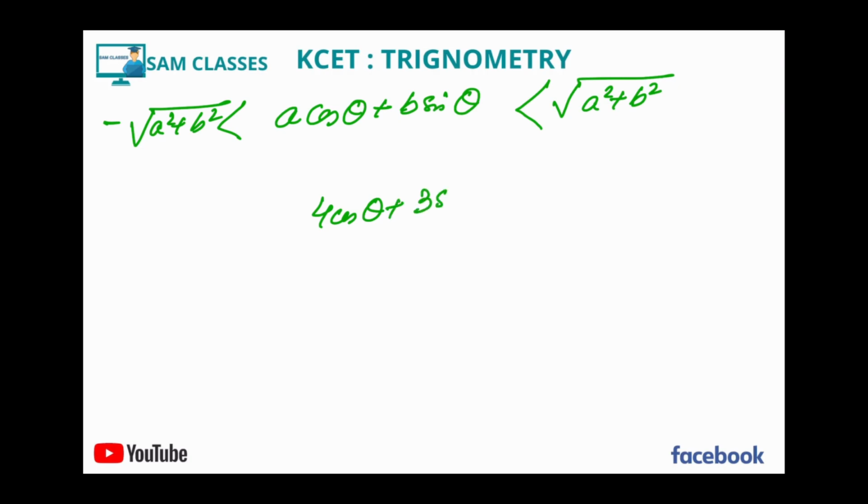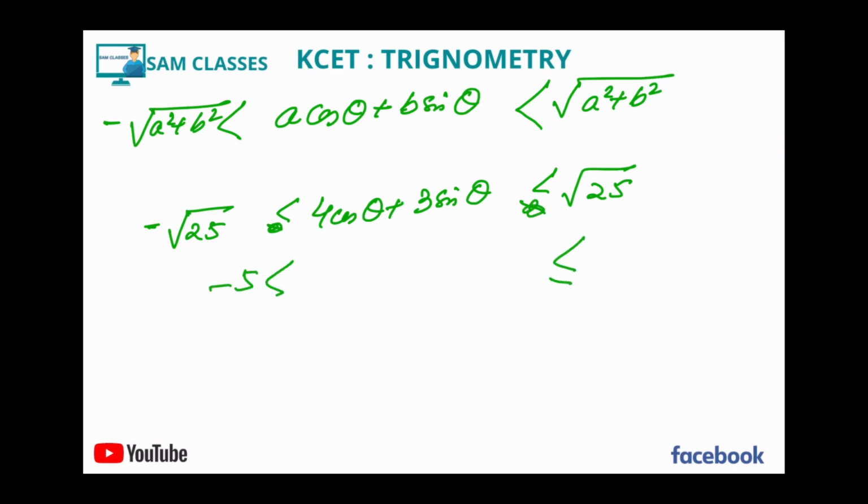How do we solve this kind of question? Let's say we have 4 cos theta plus 3 sin theta. This is always greater than minus root of 25 and smaller than root of 25. So it is greater than minus 5 and smaller than 5. Clear?